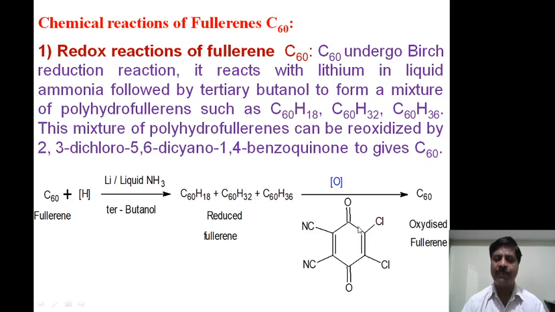The numbering for this compound is 1, 2, 3, 4, 5, 6. Therefore, we say 2,3-dichloro, then 5,6-dicyano-1,4-benzoquinone, to give C60, the oxidized form of fullerene.